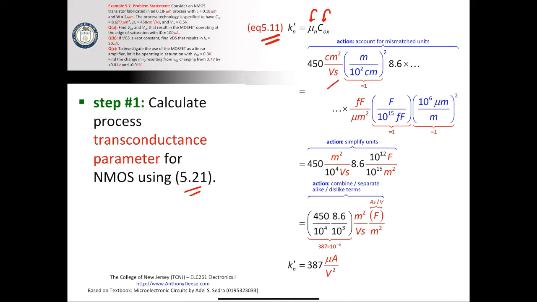You can see I've been pretty careful to show how to account for the units. 1 farad is equal to 10 to the 15 femtofarads. 10 to the 6 micrometers is equal to 1 meter. But since that unit is squared, we have to square this whole thing. If you're not familiar with how to properly handle units, I really recommend you take a look at this more closely. It seems like it's a no-brainer, but this can be the detail that you miss that prevents you from getting the correct answer to a given problem.